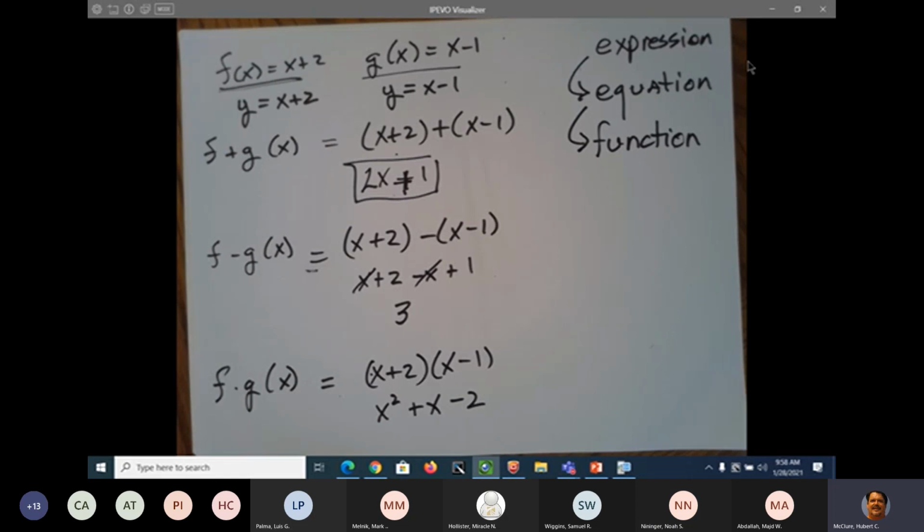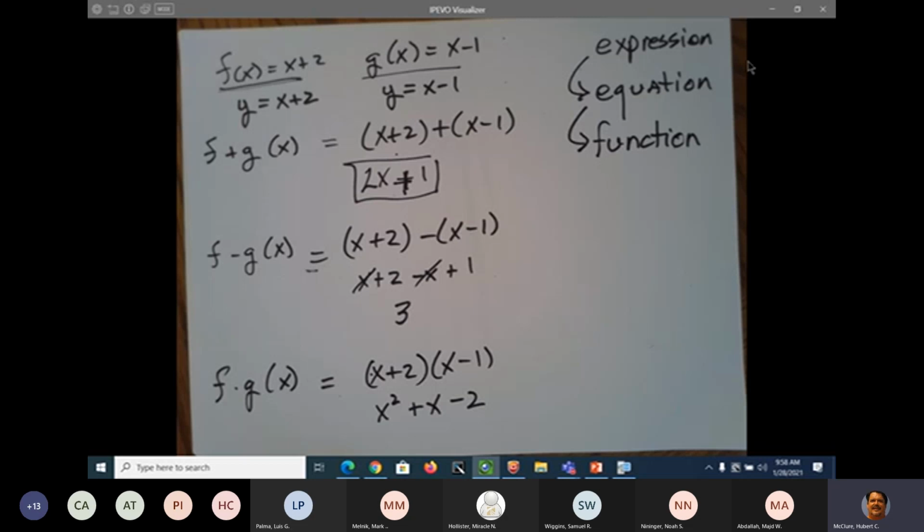And if you make that transition by looking at what you did back in grammar school or high school or junior high school, and you say, okay, well, we just put a y in front of it, and it becomes an equation, and then we put a fancy f of x in front of it, it becomes a function. So you could say that equation and function are the same thing, because technically it is. All right. Again, I'm teaching to those people that haven't had algebra in a while.